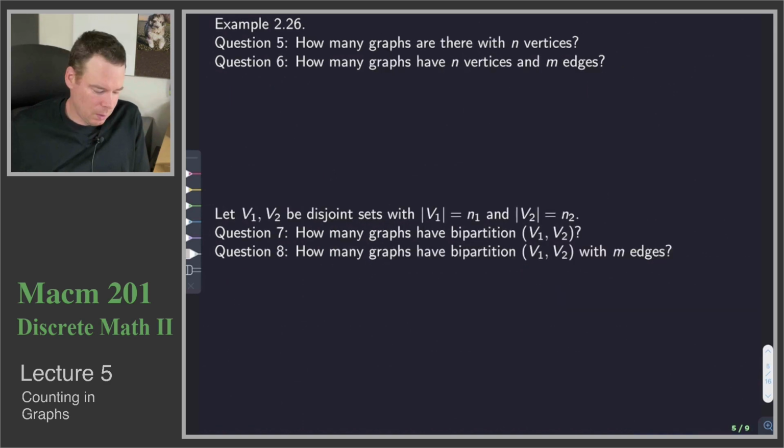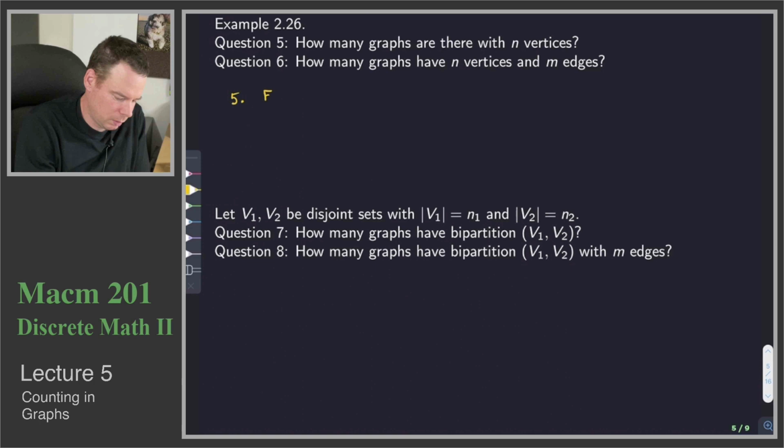How about the next example? How many graphs are there with n vertices? So I've got a graph, it's got n vertices. I've laid out these n vertices. Now it's a question of choosing edges. So how many ways can I choose the edges to fill out this graph on n vertices?